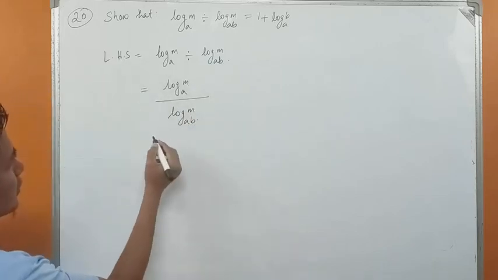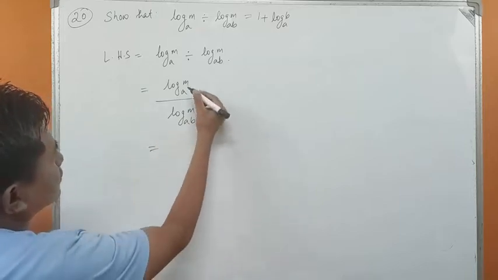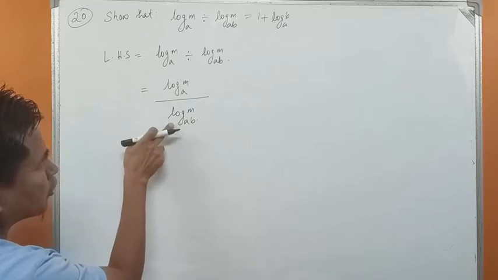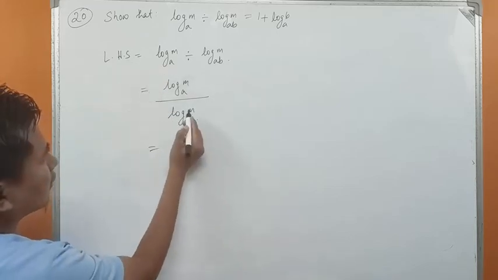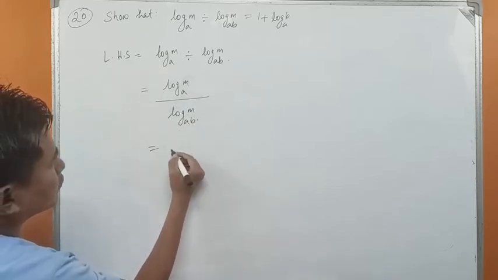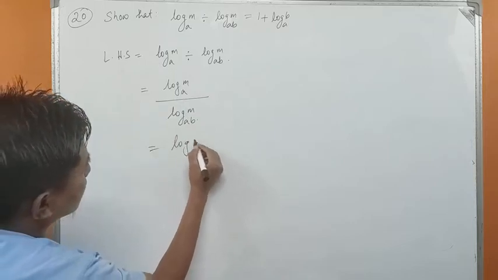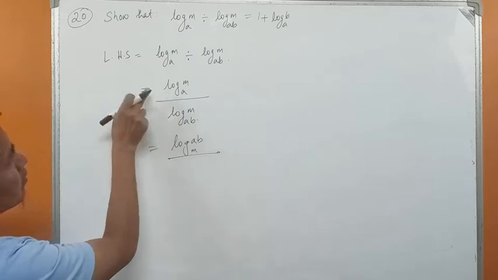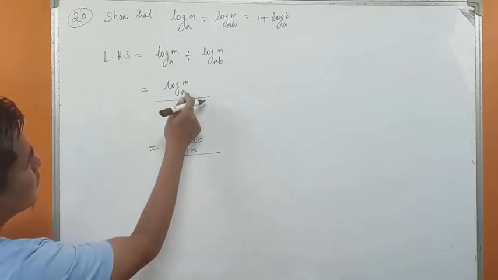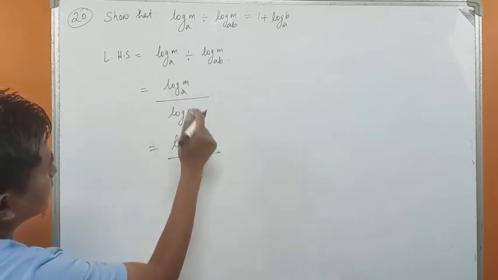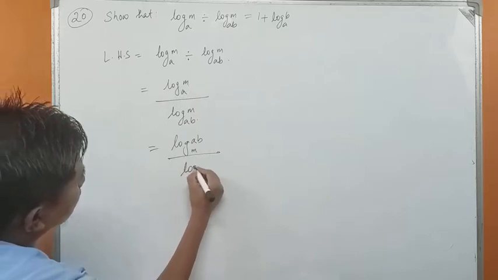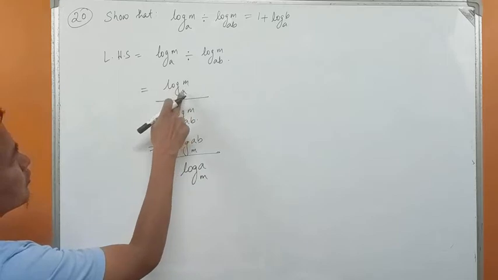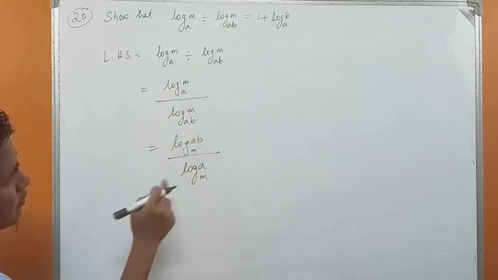When we do this, this m becomes base, isn't it? So we bring this number from denominator to numerator. Log m to the base ab, when we bring it to the numerator, becomes log ab to the base m. Now if we take this number to the denominator, this base becomes log and log becomes base, isn't it? So log a to the base m. Log m to the base a becomes log a to the base m.